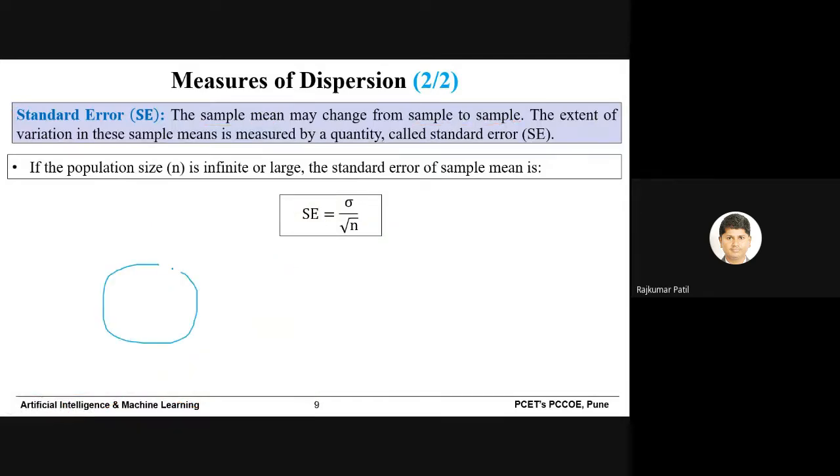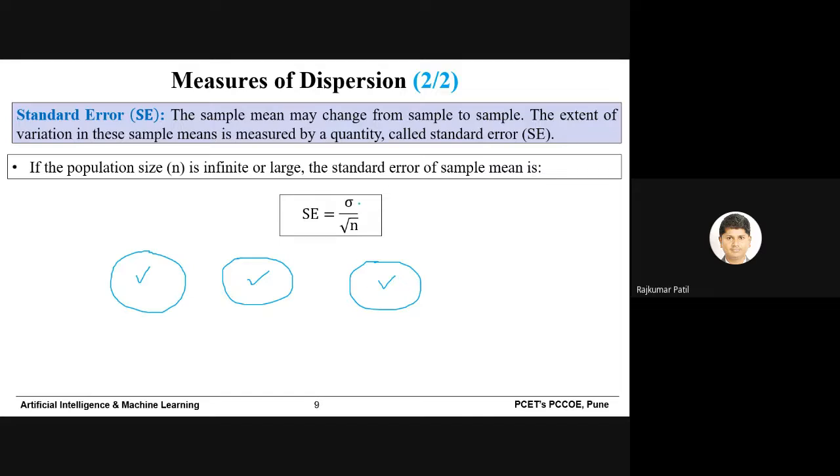So first sample, second sample and third sample: are they behaving in the same direction or not? That decision is made by the standard error. We can take a simple example. We have three divisions, TA, TB and TC. The performance in the AIML course in TA, TB and TC may not be the same.